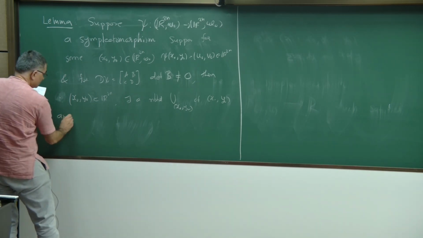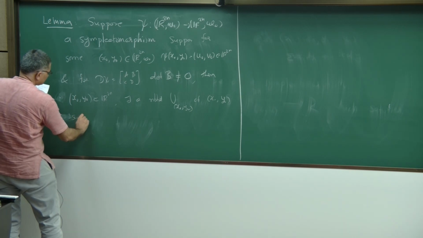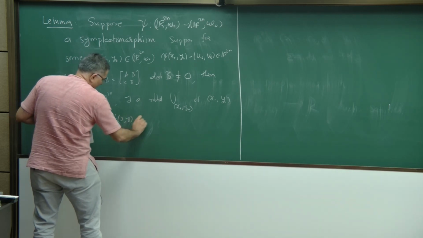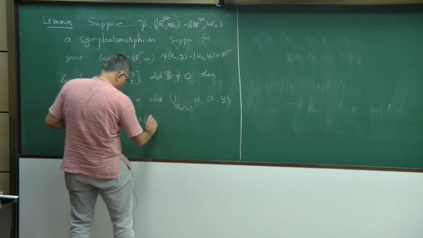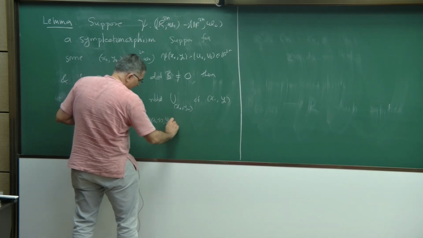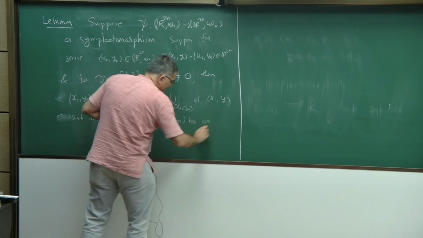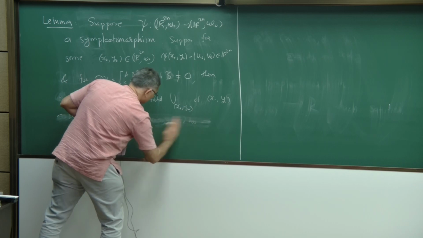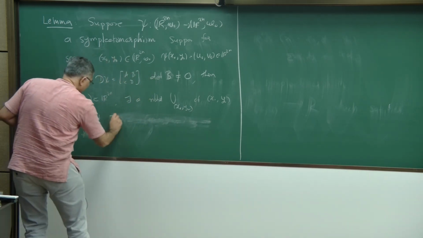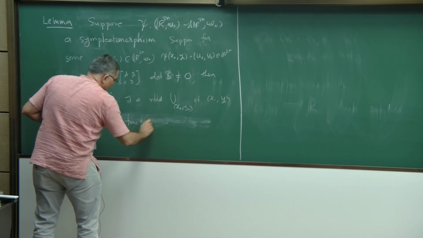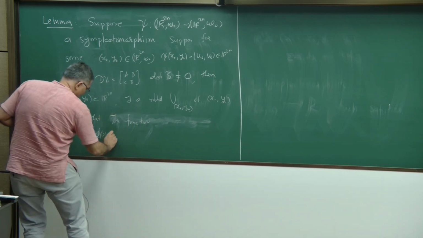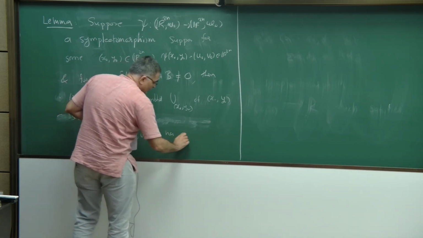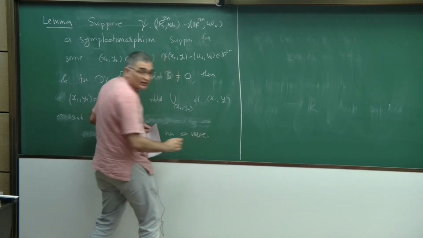such that psi, (x, y) going to (x, u), has an inverse, sorry, such that the function phi, (x, y) going to (x, u(x, y)), has an inverse, and therefore I will find some neighborhood.